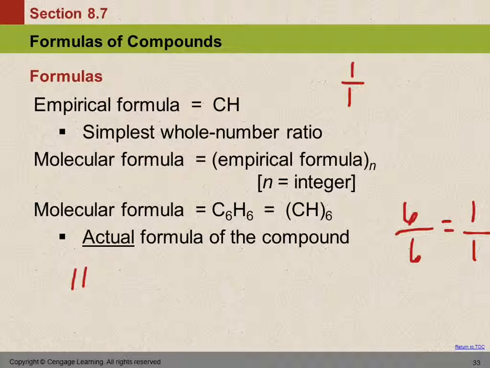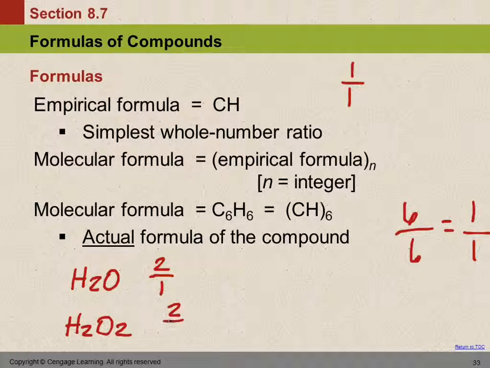Now, for something like water, the actual molecular formula for water is H2O. The empirical formula is also H2O, because that's a ratio of hydrogen to oxygen of 2 to 1, and that cannot be reduced. Hydrogen peroxide has a molecular formula of H2O2.